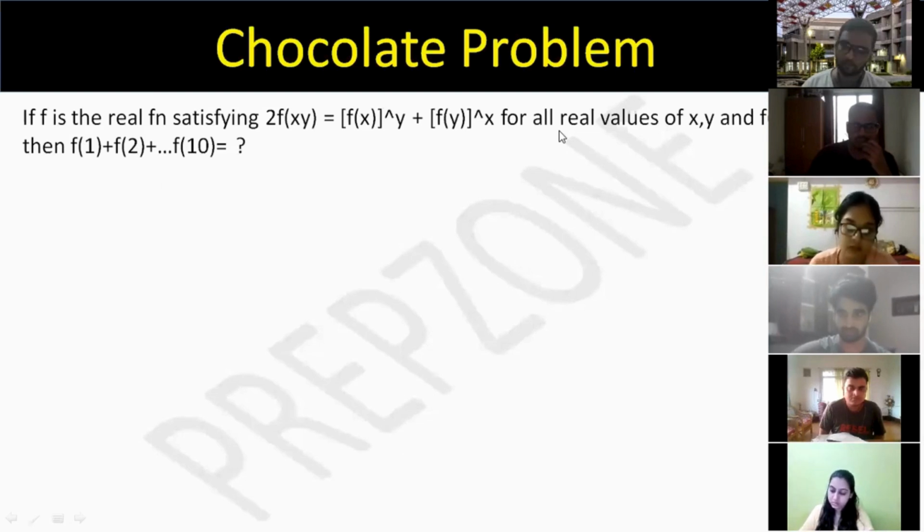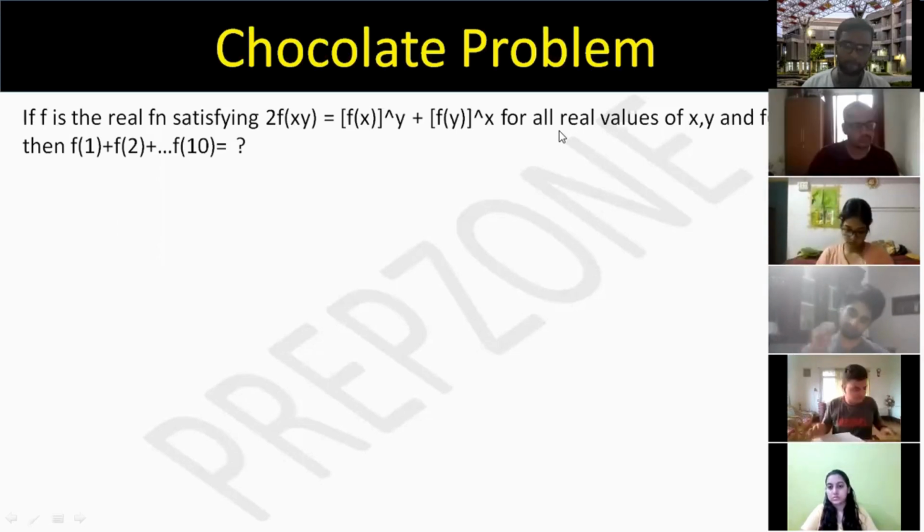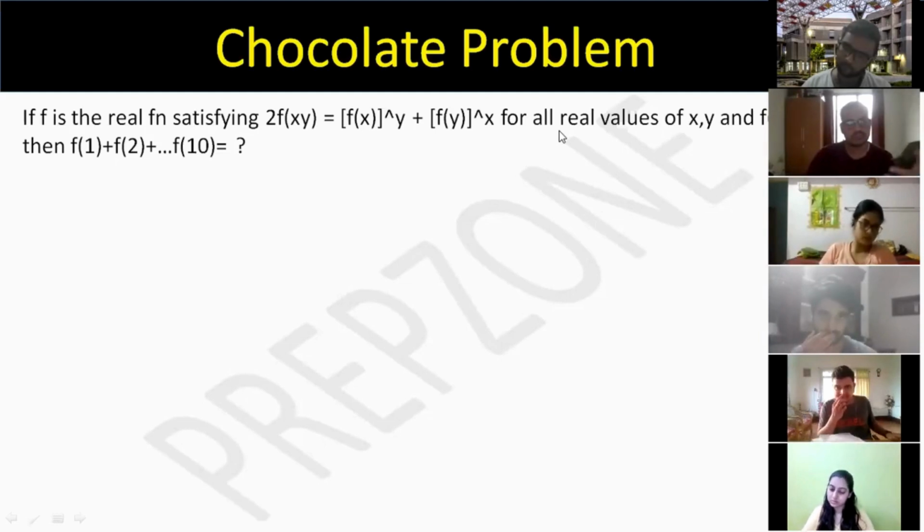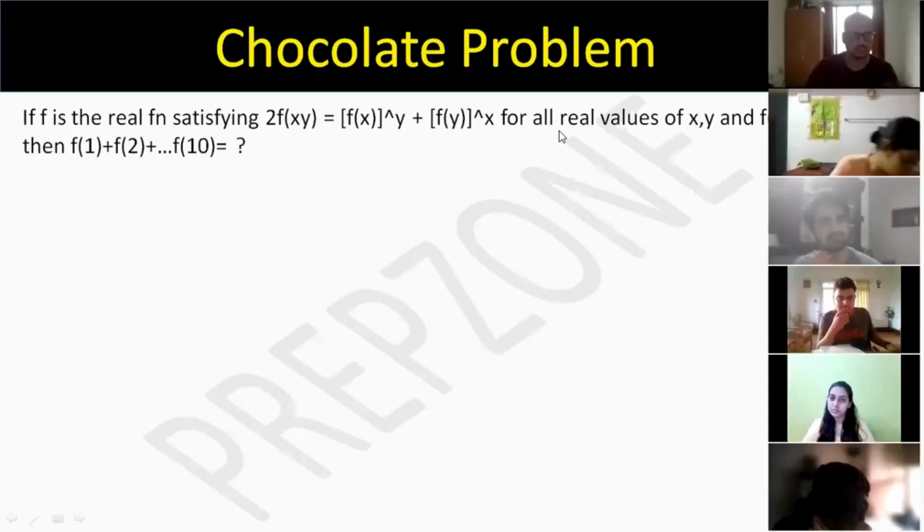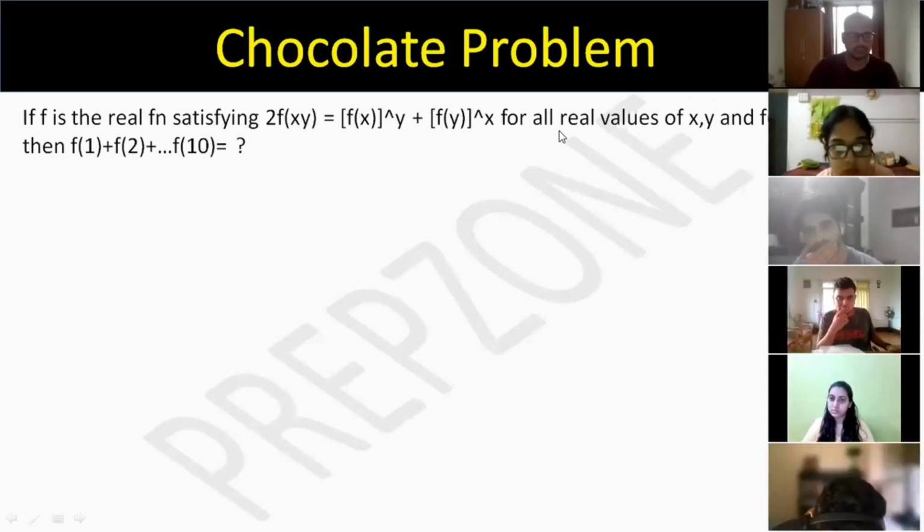ठीक है, I hope you learned something out of today. Sir, in the question, is 2f of xy equal to f of x raised to y plus f of y raised to x? Raised to x, yes. Symmetric है.